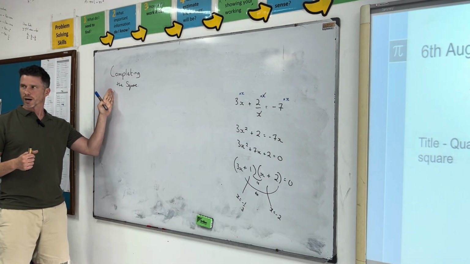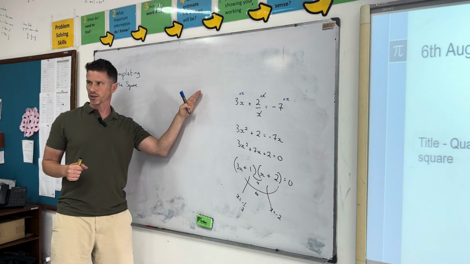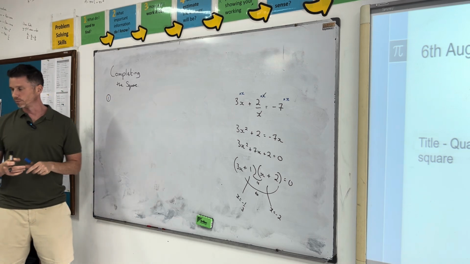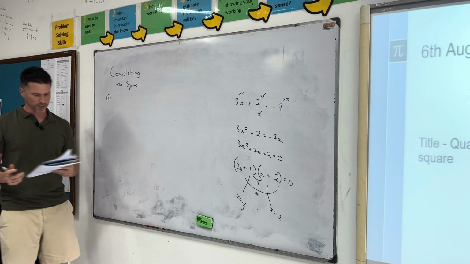Okay, completing the square. I'm going to give you the steps first, and then I'm going to use the steps in the example second. So this will be what you always follow. I better make sure to get it right. I remember I got it wrong last year.